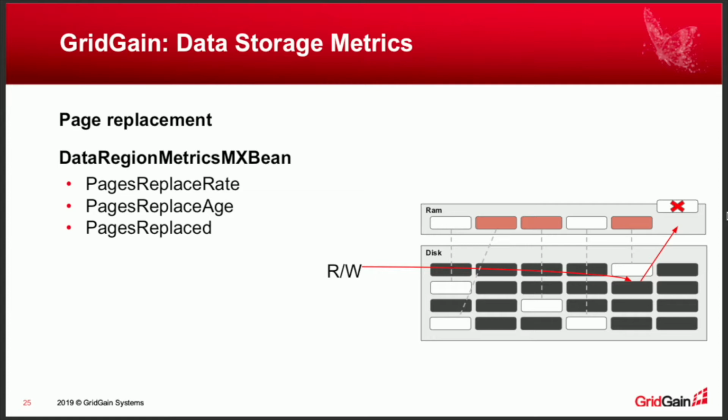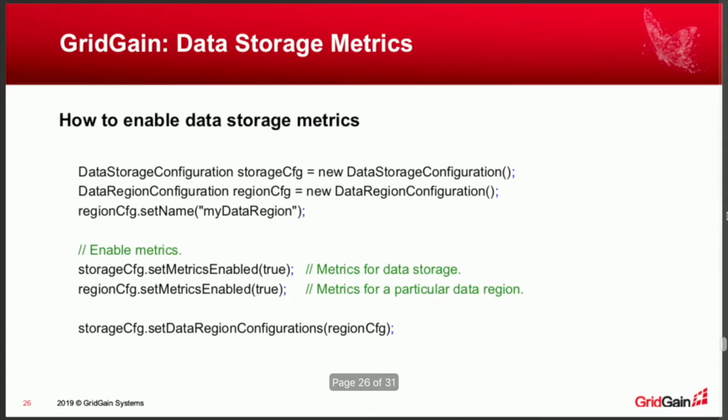And if you have this process happening too often, then it means that bottleneck will be on disk, and it's much slower than the memory, and you're going to have issues with performance. So you can also track this process and see if any issues are there related to page replacement. These kinds of metrics can be enabled in configuration and also in JMX, and you can enable it in runtime as well.